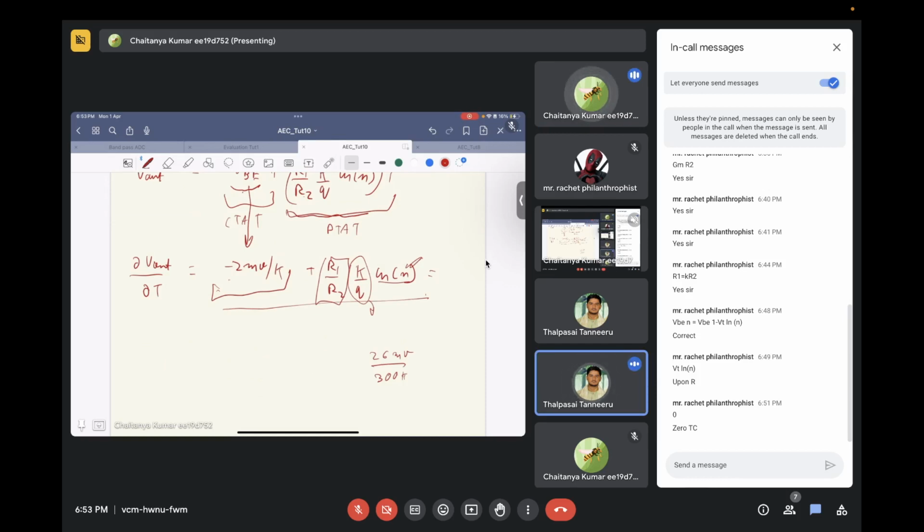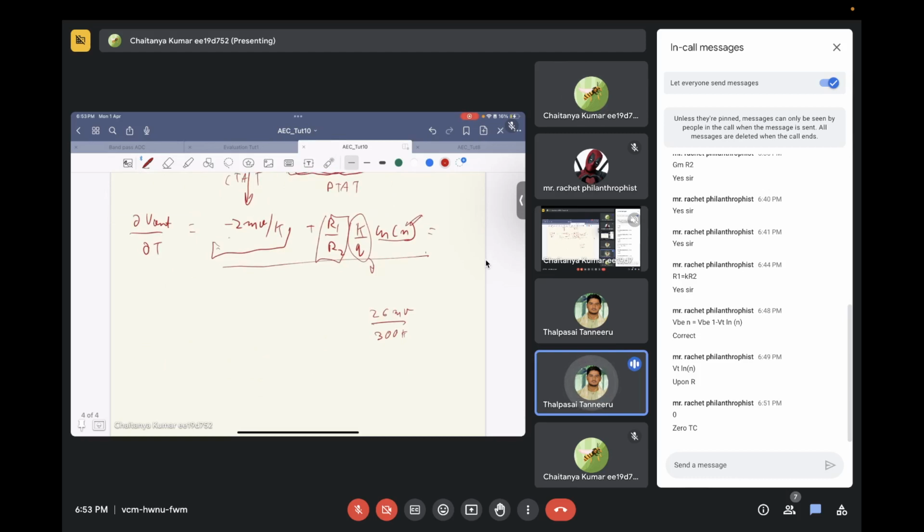When the circuit is executing, we cannot change it. For example, CTAT is two millivolts per Kelvin; if it changes, the temperature is continuous, so every time we cannot go and redesign.